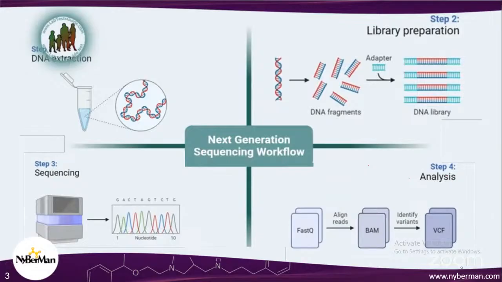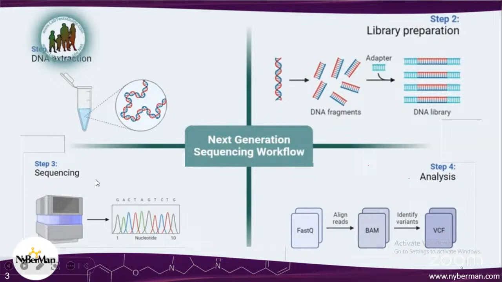Here we have different types of sequencers based on different generations. If we talk about next generation sequencing, then we have sequencers like Illumina and others, which provide high throughput sequencing results for the sequences that we provide them after library preparation.